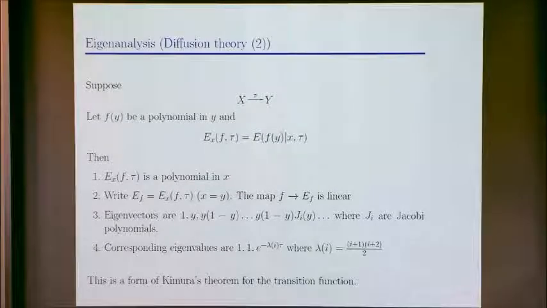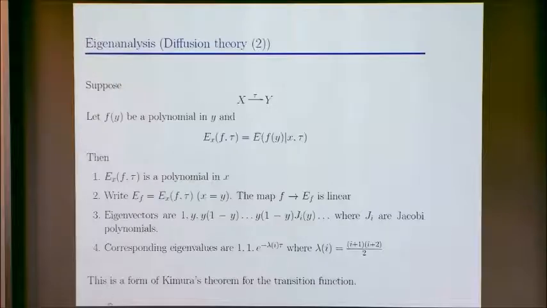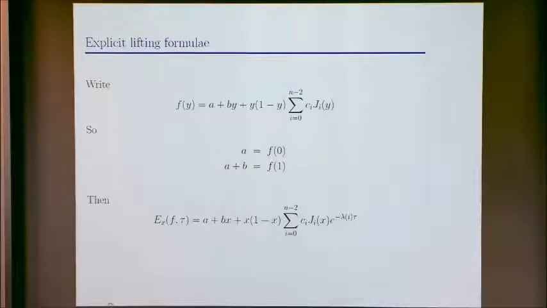Right. Okay, clear enough so far. So the first thing I want to do is write down a calculus for writing down E sub x. And here it is explicitly. You take your polynomial f of y. You can write it in this form. You pull out the constant and linear terms, then you're left with a bunch of stuff that's got to be degree at least 2.